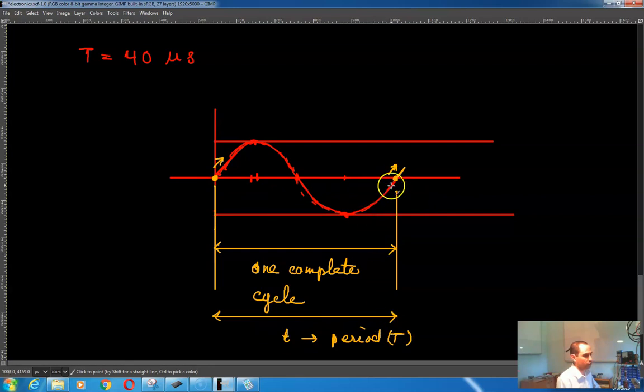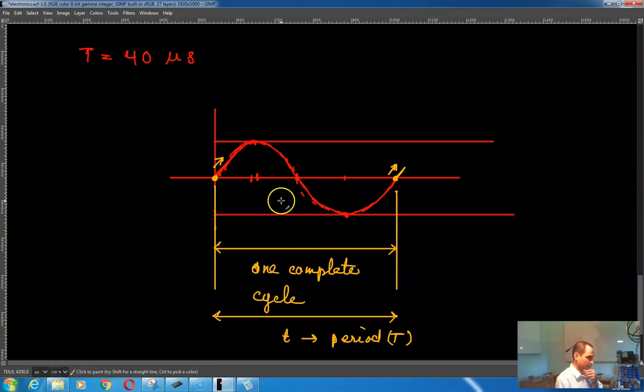You read on your oscilloscope that it takes 40 microseconds for the wave to go through one complete cycle, right?